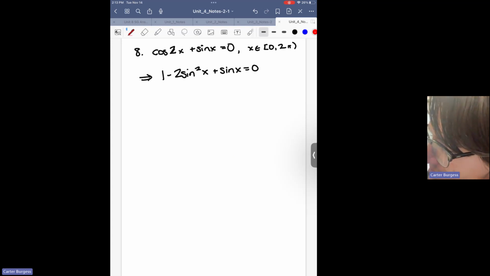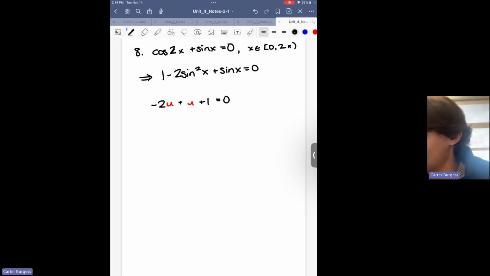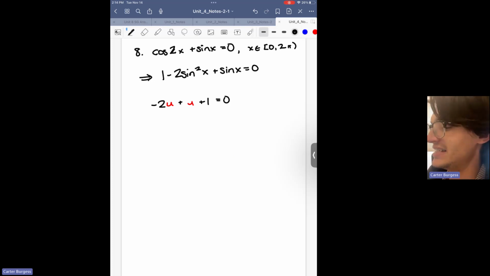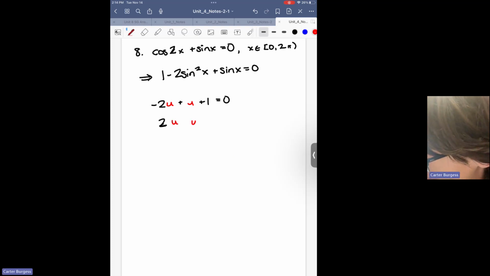With my u's, this is going to be -2u squared plus u plus 1 equals 0. And then I'm going to divide everything by a -1 here, just because, again, I don't like dealing with this. So I get 2u squared minus u minus 1 equals 0.